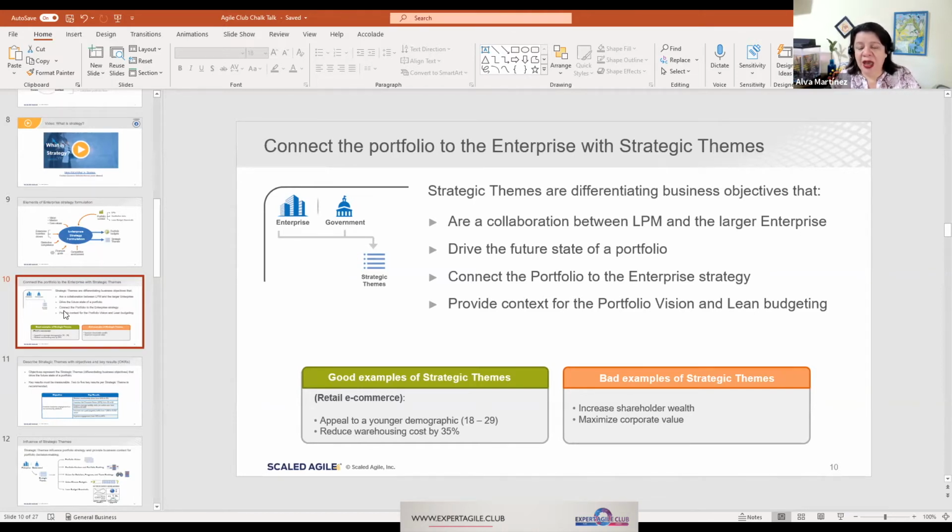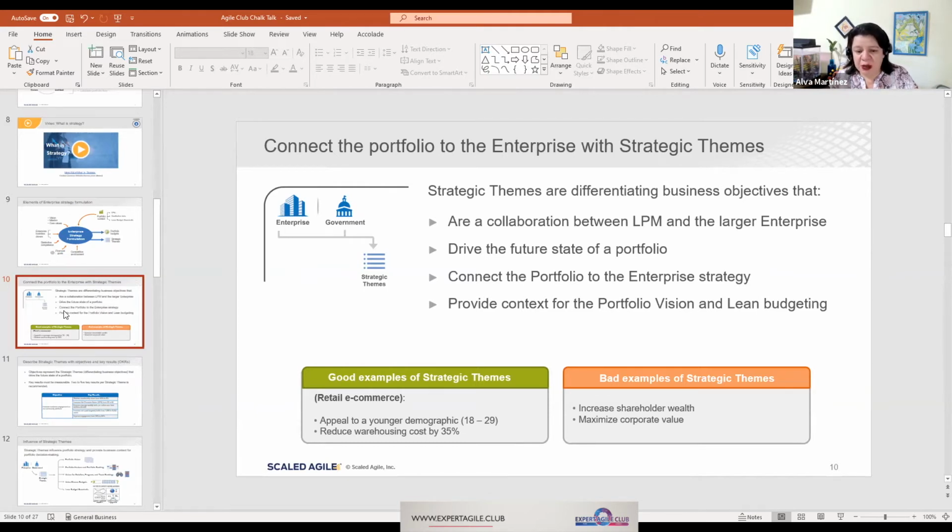And at the end, it's also a collaboration between the LPM. The LPM is a group of people that are setting all these components and managing the portfolio.